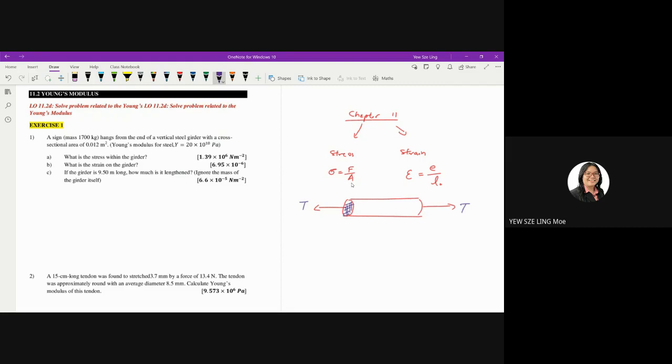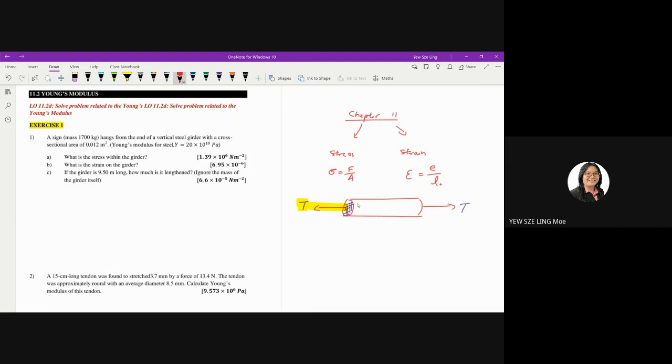I repeat, the area is not the total area of the object, but the cross-sectional area of the object. It's the area that is perpendicular to our force, which in this case is tension. So remember, area is always perpendicular to the force.